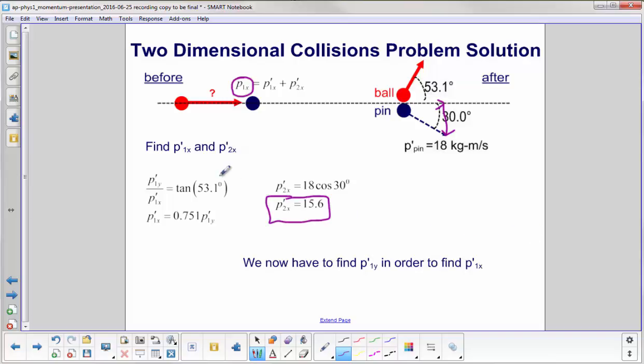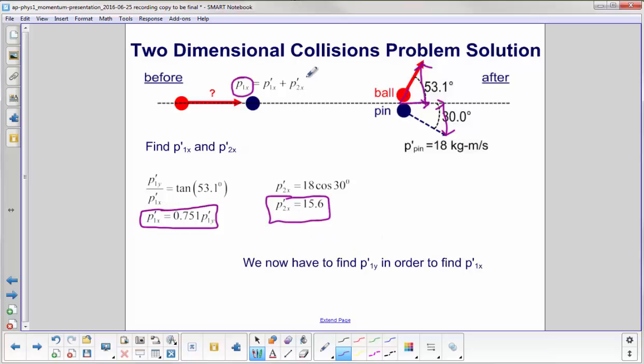Now to find P1 prime x up here, we don't have a hypotenuse. All we have is an angle. So what we can do is we can just take this right triangle, and the tangent of the angle 53.1 is equal to the opposite side, which is P prime 1y, divided by the adjacent P prime 1x, and we wind up with P prime 1x is 0.751 P prime 1y.